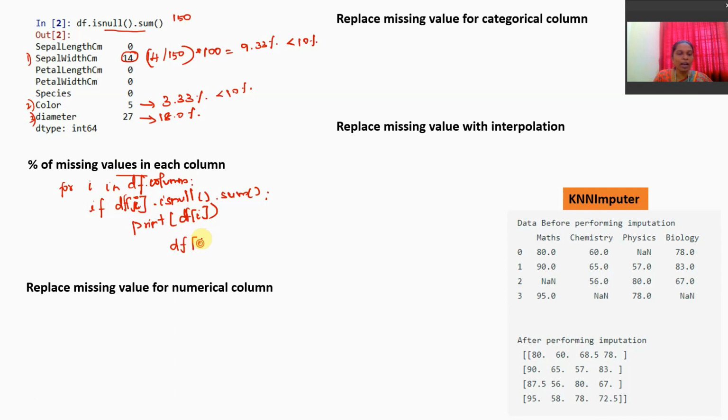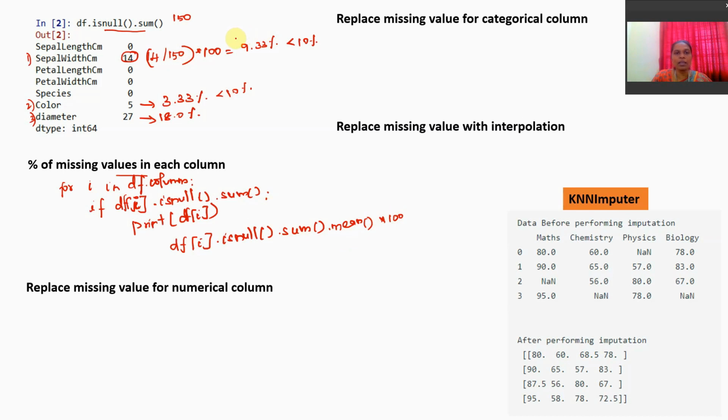So df[i].isnull().sum() gives the value. For that I need to calculate the mean, that is, I am getting the average of 14 divided by 150. After calculating the mean, I multiply that value by 100.